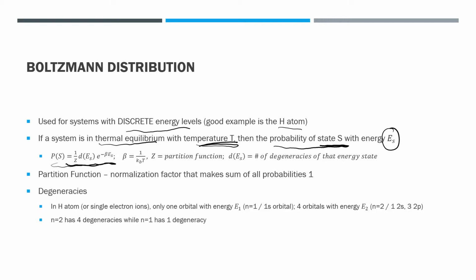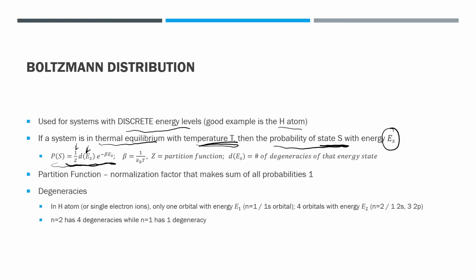Now this looks a little complicated, but I'm going to break it down for you. The probability of the state S is equal to 1 over Z. This 1 over Z term is basically a normalization factor. It's not super important, and I'll talk about it a little bit later. Times the degeneracy function, d of E sub S, which is the number of degeneracies of that energy state.